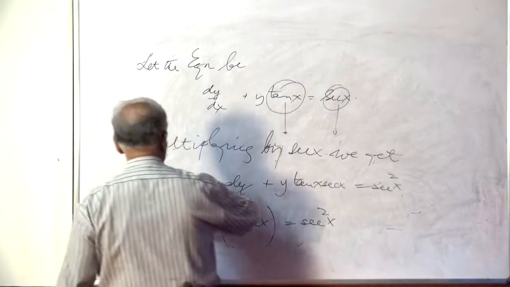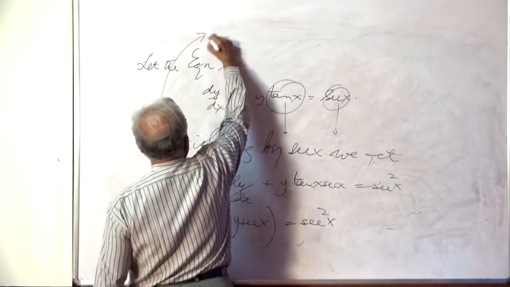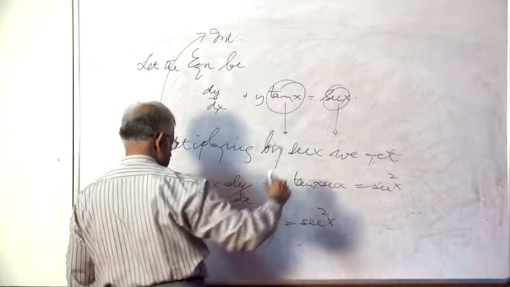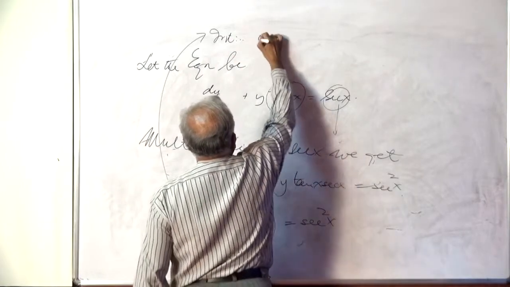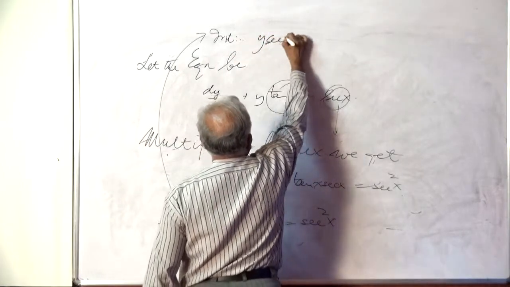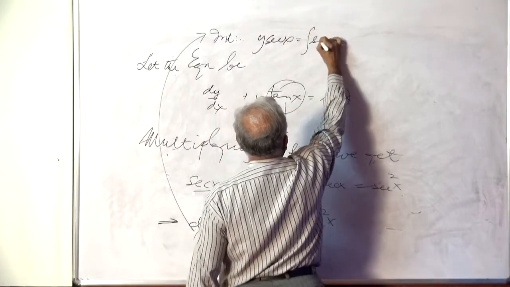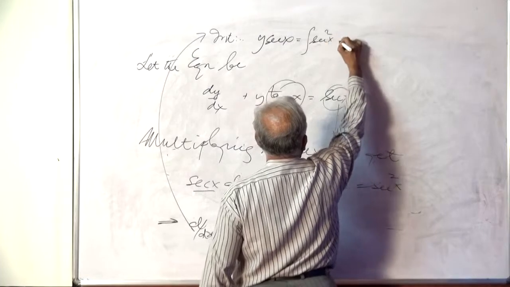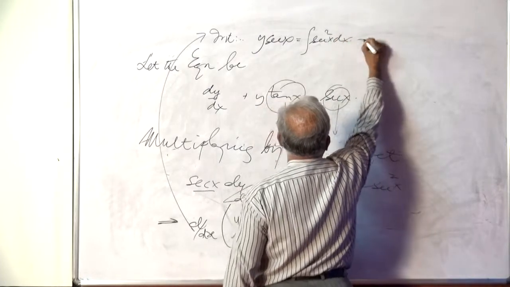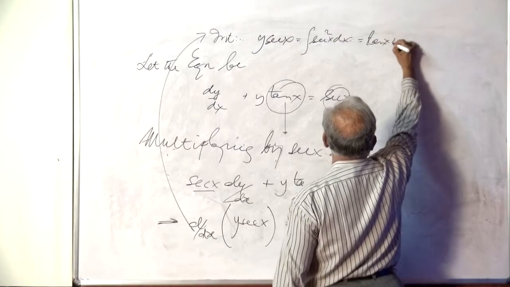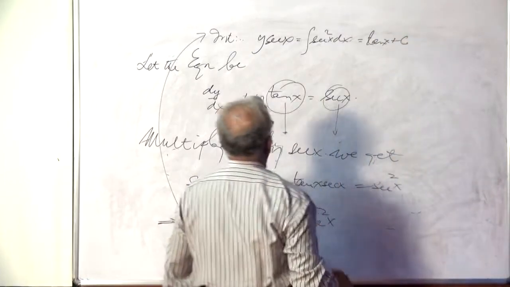So we do that a little on top. Integrating leads to y sec x is integral of sec square x dx, that is nothing but tan x plus c.